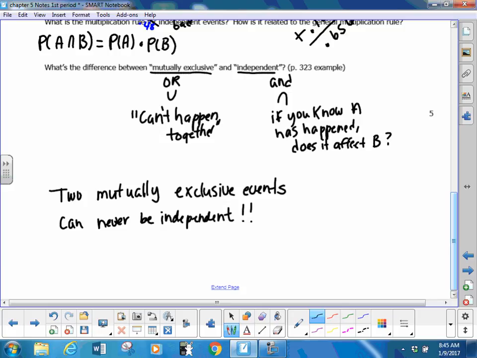Intuitively, that's hard to wrap your mind around because you're thinking mutually exclusive means they're independent. But if they're mutually exclusive, they will never be independent. Let's think about why. Mutually exclusive events means if A happens, B will never happen. How does that mean they're not independent?